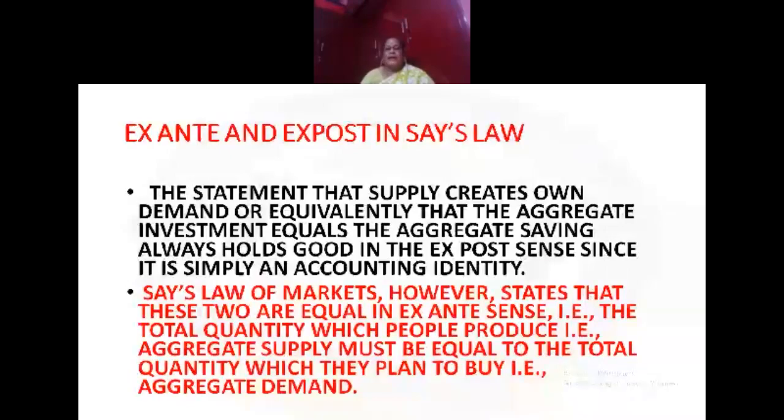Say's law of markets, however, states that these two are equal in the ex ante sense. That is, the total quantity which people produce, the aggregate supply, must be equal to the total quantity which they plan to buy, the aggregate demand. Okay?